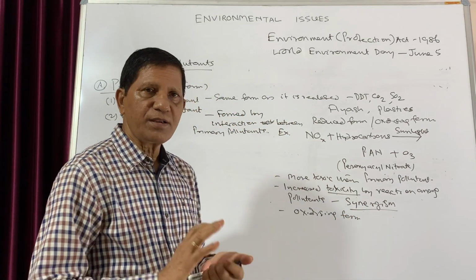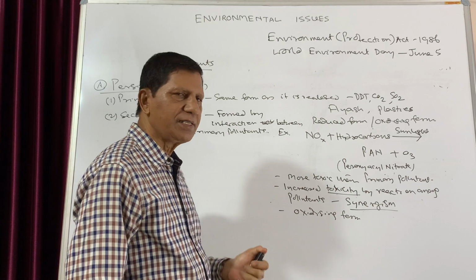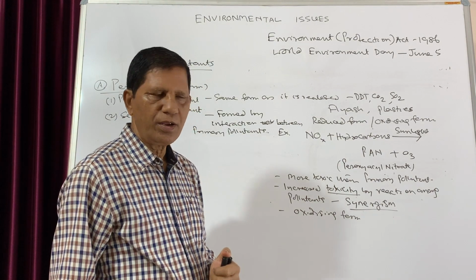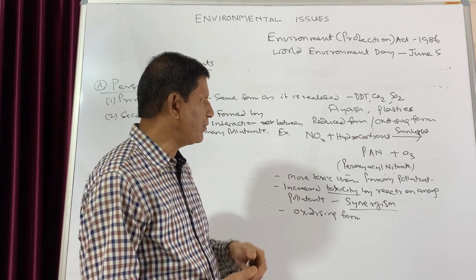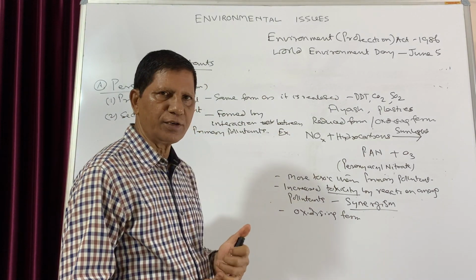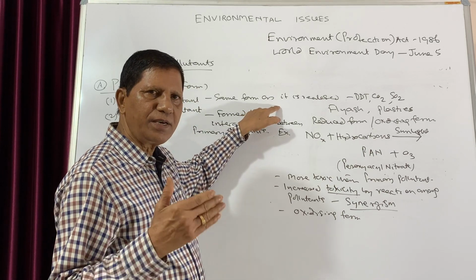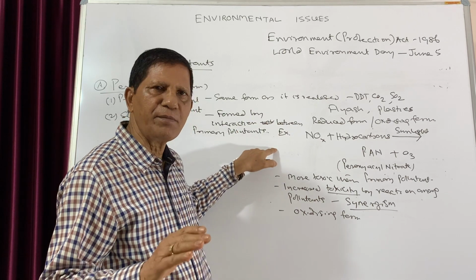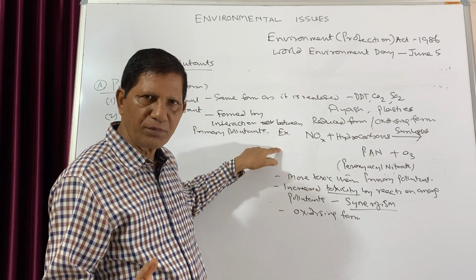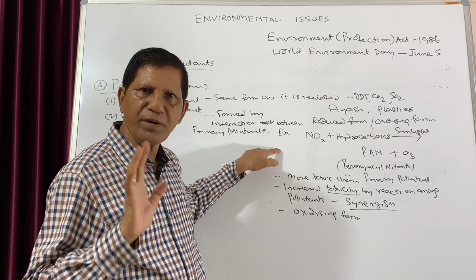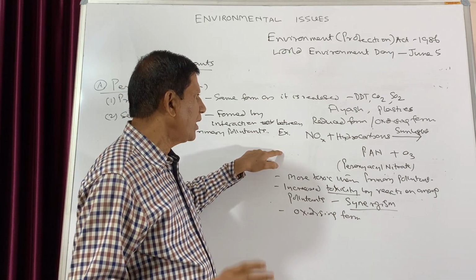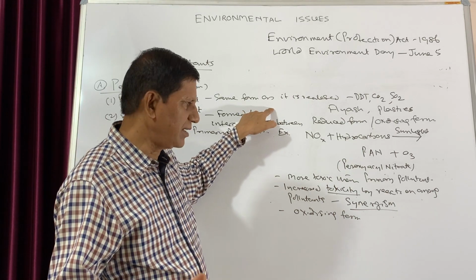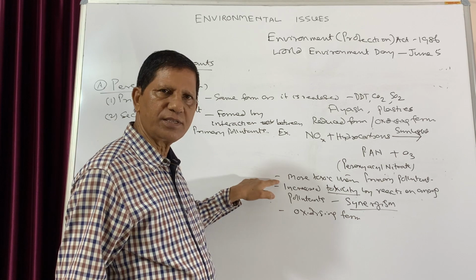So now you have got some idea what the primary and secondary pollutants are, and you can get a question from this also. What are the basic differences between primary pollutants and secondary pollutants? Number one, primary pollutants are present in the atmosphere in the form they are released, but secondary pollutants are formed due to interaction between different primary pollutants. Number two, primary pollutants are less toxic, but secondary ones are more toxic.